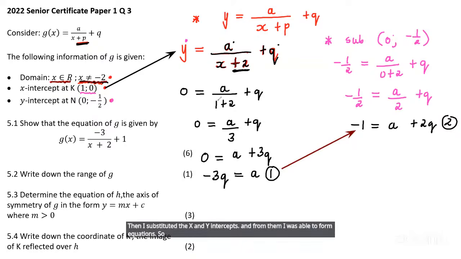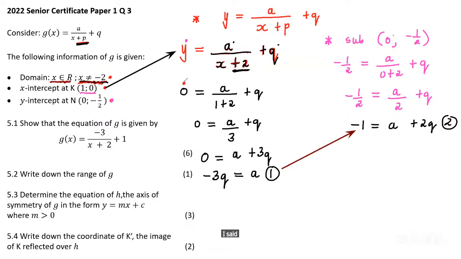So look at it. I said when x is, or rather when y is 0, x is 1, 1 plus 2 is 3. Then I multiplied this by 3, 0 by 3 is 0. A over 3 by 3 is a. Q by 3 is 3q. Then I did make a the subject of the formula by transposing. Same thing I did on the other side, because this time I'm dealing with the y-intercept. From it, I was able to say when x is 0, y is negative half.